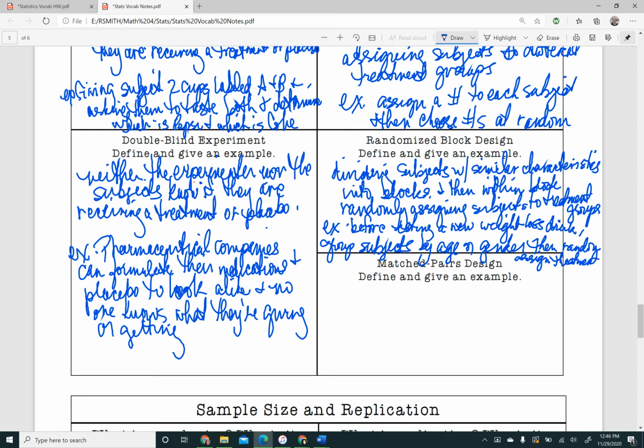Matched pair design is where subjects are paired according to similarity.